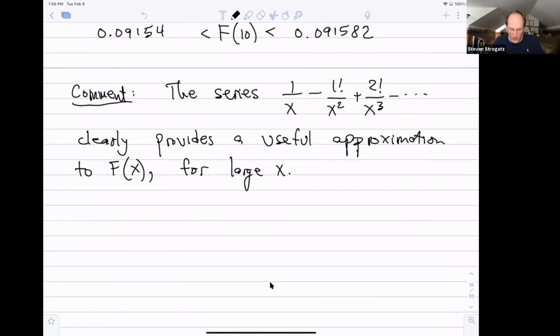But it's not a convergent series, as we keep saying. Instead, it's what's called asymptotic.